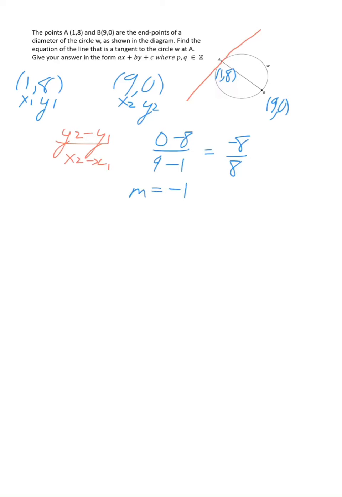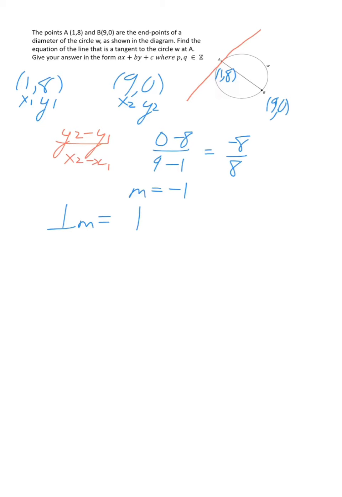So this is for the line AB, but I want the slope for the tangent. So whenever you're finding a perpendicular slope, you turn your slope upside down and change the sign. So when we turn minus 1 upside down, it'll still be minus 1, but then change the sign, so it'll be 1.